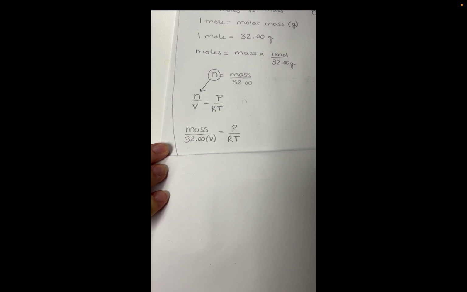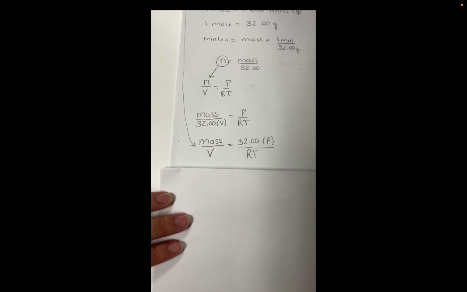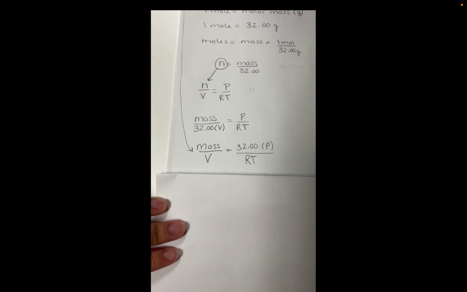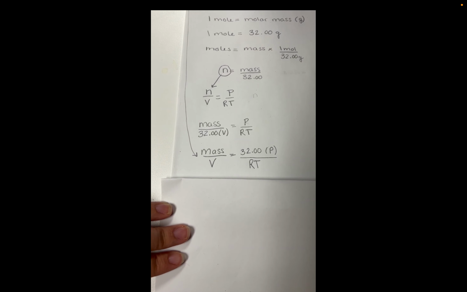So n over V equals P over RT becomes mass over 32 times V equals P over RT. Then I can multiply both sides by 32 and find out that the mass over volume is going to be equal to 32 times P over RT.